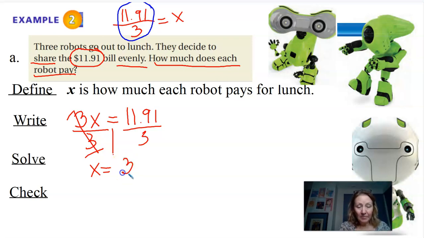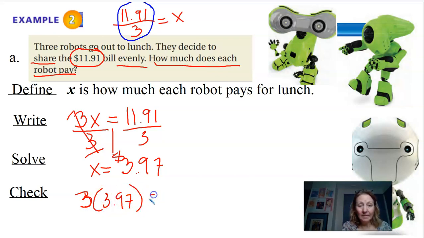Hopefully you got $3.97. And then when I check it, I plug it into the equation of 3 times 3.97 equals 1191. And there is the value that I plugged in, right? That matches the x.